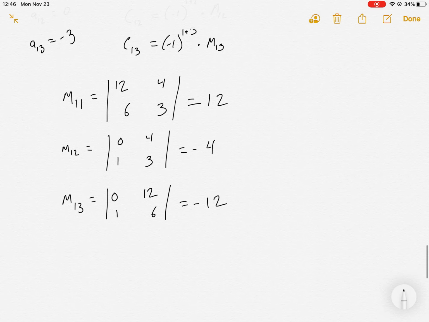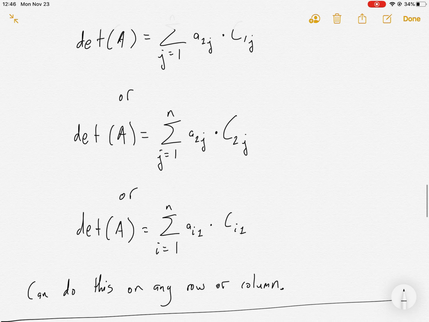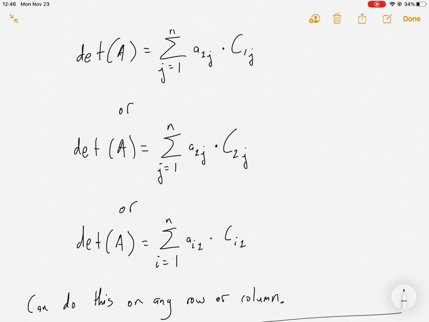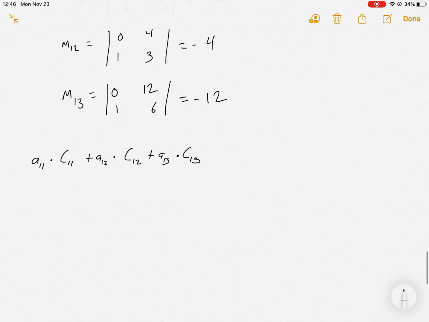Now what we're going to do is take the sum, so A11 times the cofactor, and add these together. So it still is a lot of work, but really this is what that formula is saying up here. When we're finding the determinant, we're taking the sum along any row or column that we like, and we're taking basically the sum of three different terms.